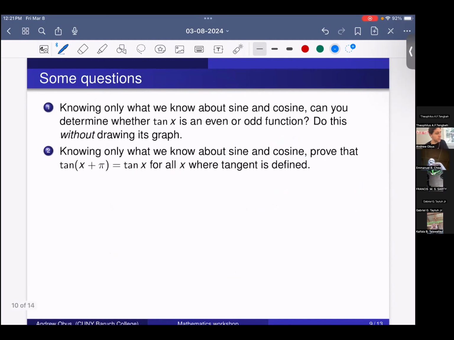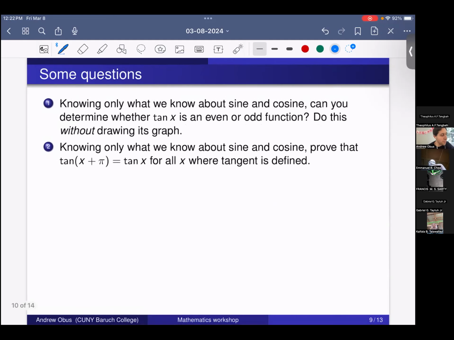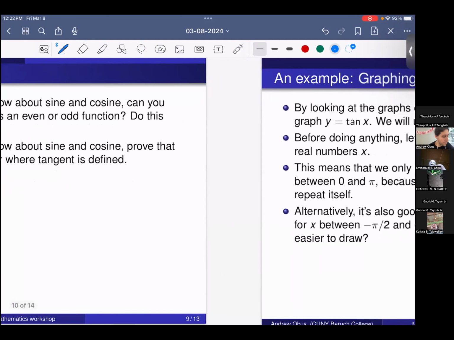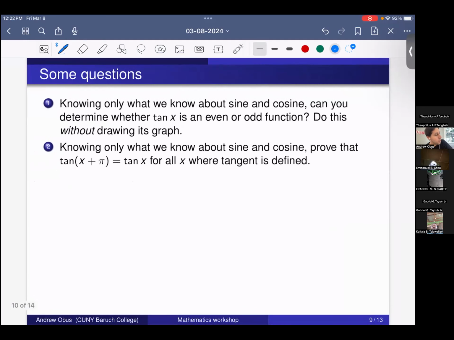So some questions. Knowing only what we know about the graph of sine and cosine, can we determine whether tangent of x is an even or an odd function? And can we do that without even drawing the graph? Then, knowing only what we know about sine and cosine, let's prove that tangent of x plus pi equals tangent of x.